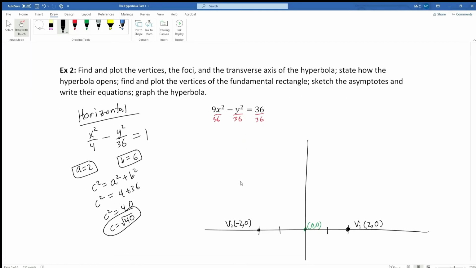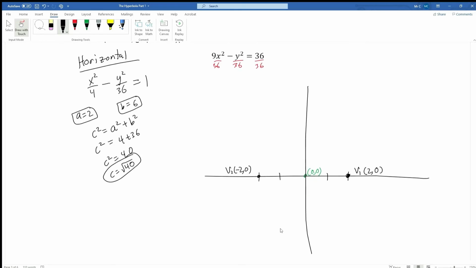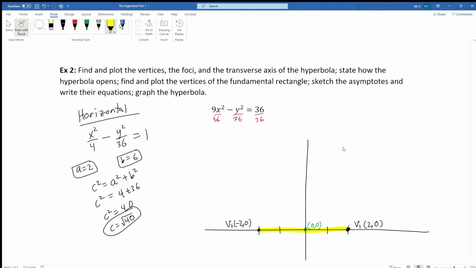So the transverse axis here is going to be the x-axis, which we could highlight here since it does ask us to plot it. How does this open? Well, we already said that it's horizontal.